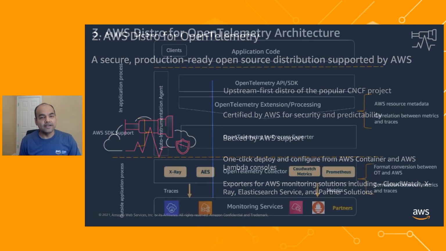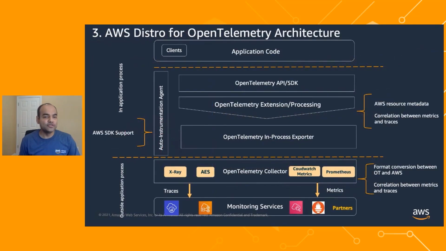So let's look at the architecture. How does AWS Distro for OpenTelemetry work? You're going to have application code, and the OpenTelemetry API and SDK send all the data through the exporter to backend services like X-Ray, CloudWatch Metrics, and Prometheus.